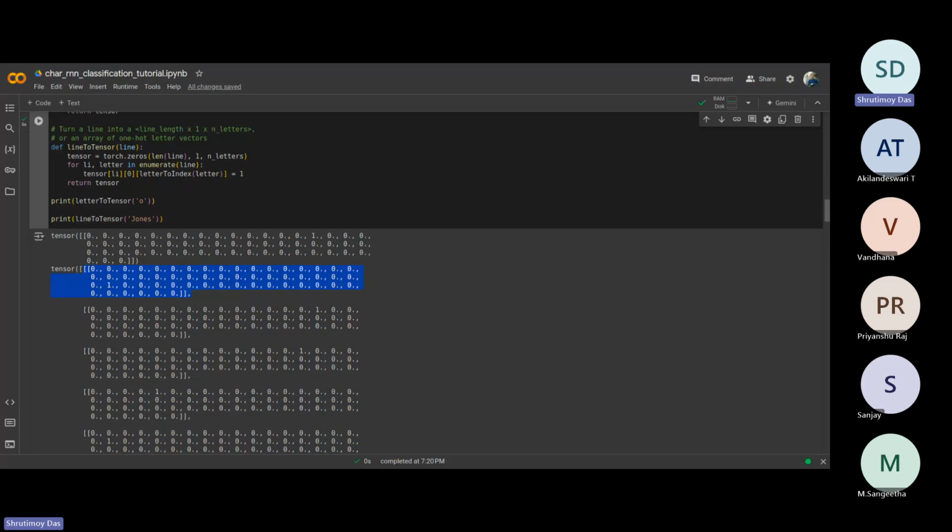Or suppose you have an RGB image of 100 cross 100. An RGB image has 3 channels, so you have 100 cross 100 cross 3 as the size of each image. And now if you stack 10 of these RGB images together, you have 10 times 100 times 100 times 3, so it becomes a 4-dimensional tensor. You get it, right?